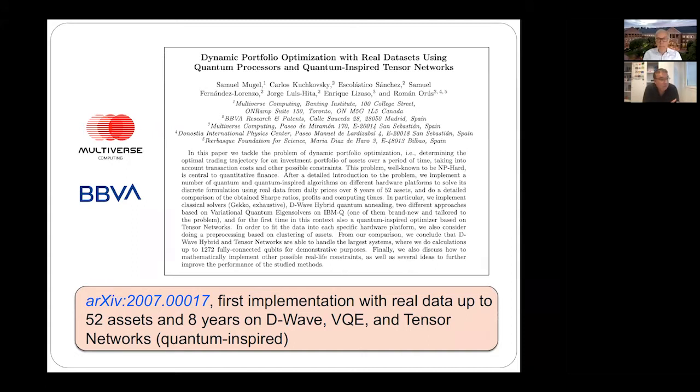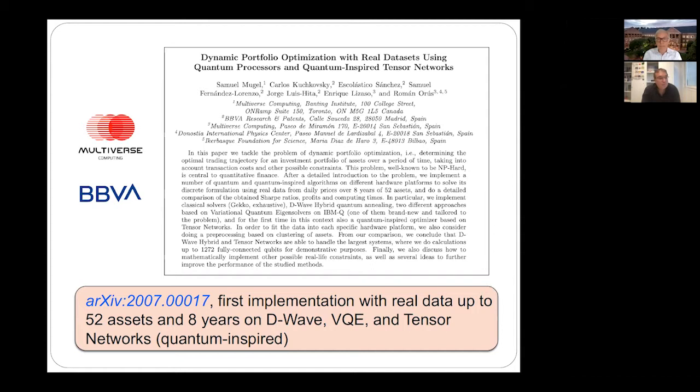It was a collaboration with BBVA, which is one of the top banks in Spain and in the world, actually. Now I don't remember exactly where in the list it is, but it's one of the top. You know, they have a bunch of people there that they want to explore quantum technologies. They are very interested in that. And we did a collaboration with them on this dynamic portfolio optimization problem.